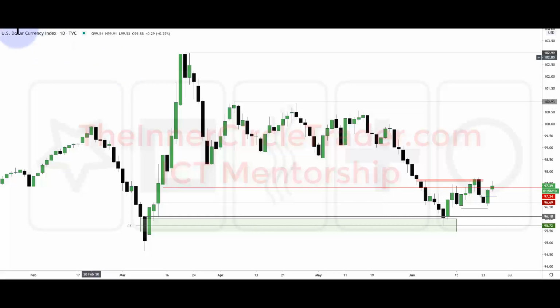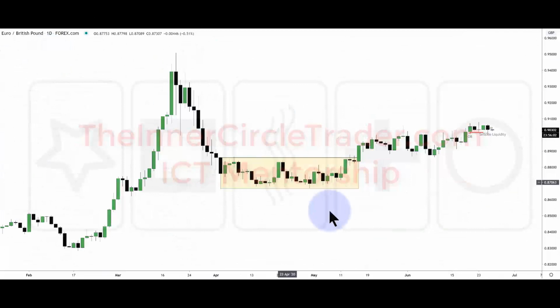So if you look at the euro pound, here's euro pound, consolidation, and then it's allowed to move. Consolidation, then it's allowed to move again. When the market is in consolidation, this is like a green light for this cross to start having movement.